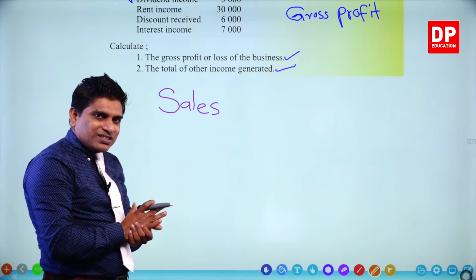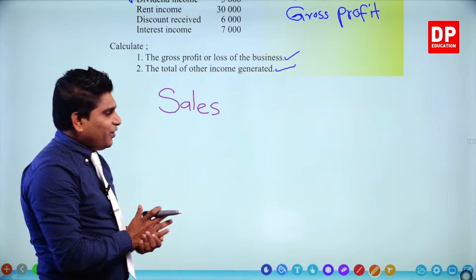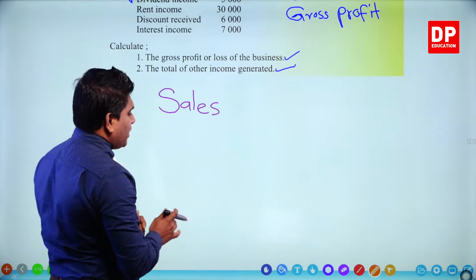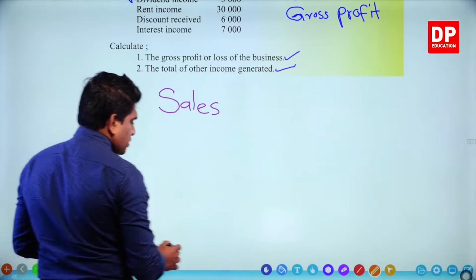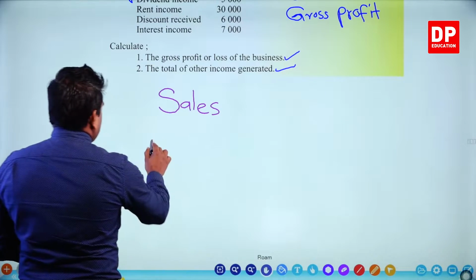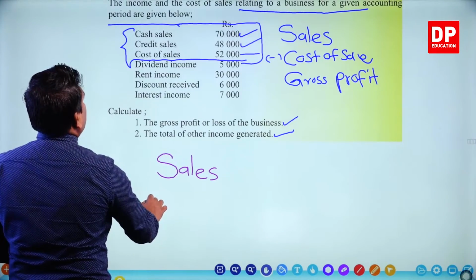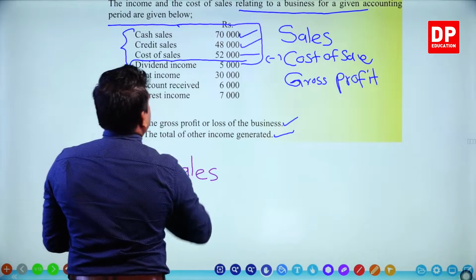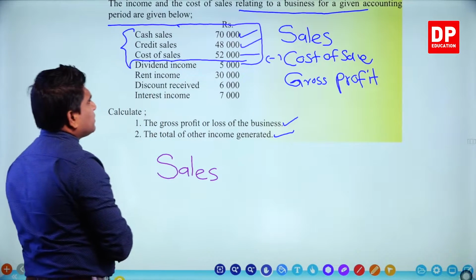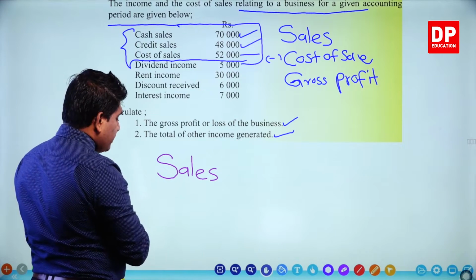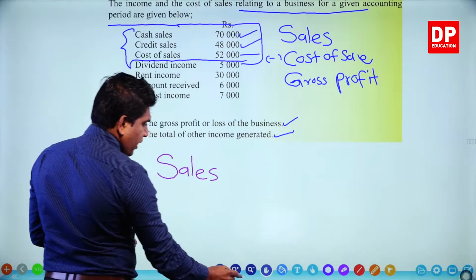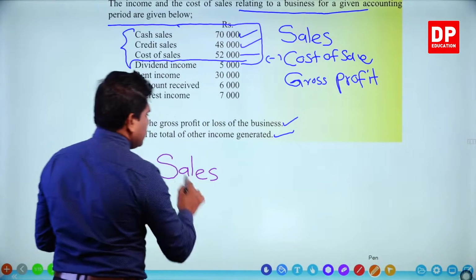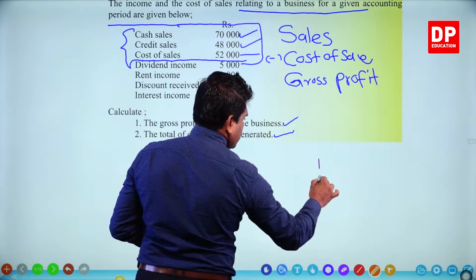I think the best option is to write the total sales at once, right? Now we'll see how much the total sales are: cash sales 70,000, credit sales 48,000. The total sales, how much? 118,000, right? We write here 118,000 sales.